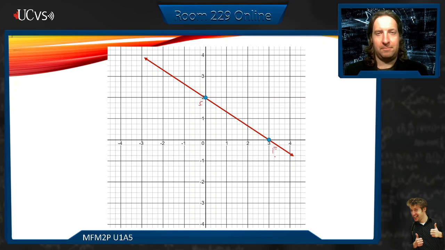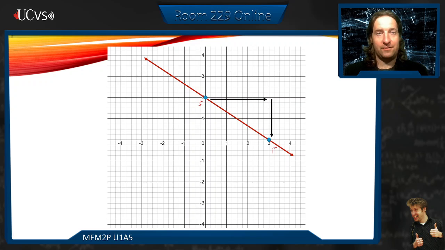Now, because this is a Cartesian coordinate system, think of it like a city plan. We can't just walk through buildings. We have to walk along the city blocks. We can only walk left, right, up, and down. So given that sort of street analogy here, how would I get from my starting point to my finishing point?